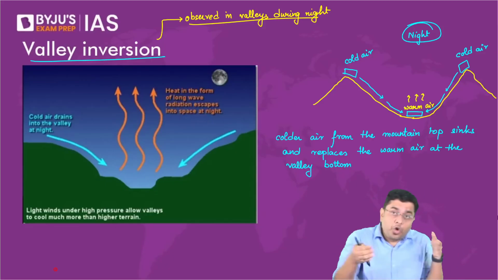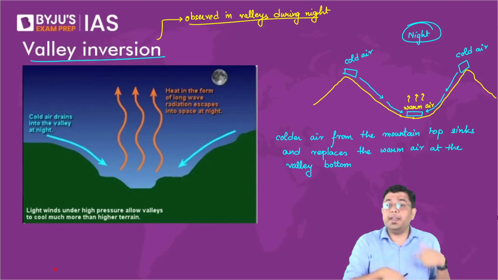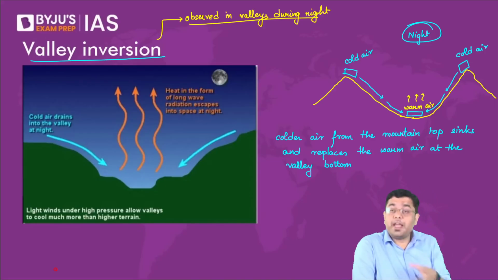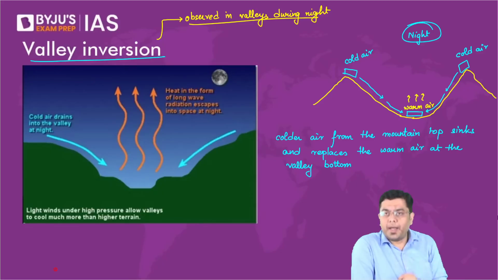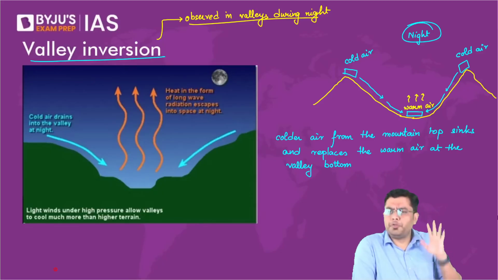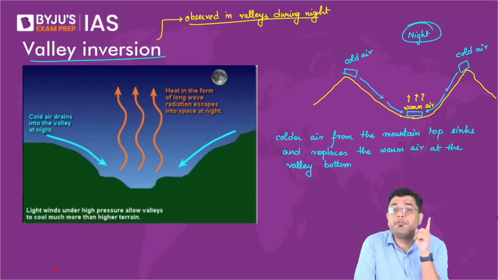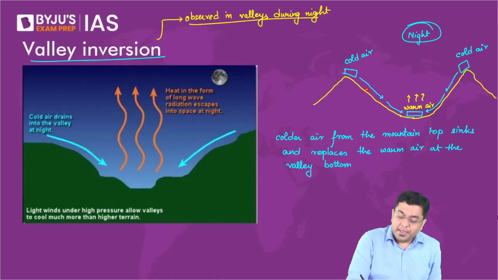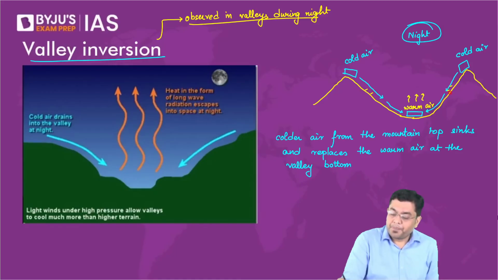But if you have a closed setup where the air is unable to drain itself significantly, then all that cold air accumulates at the valley bottom. That is why, if you start observing any narrow valley that you come across, you will never find habitation or settlements at the valley floor. You will find that the settlements will happen either here, here, or here.